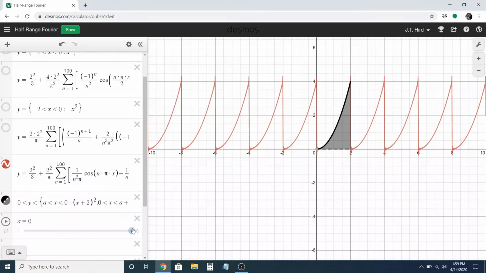And if I wanted to do that, I'm going to try and cheat a little bit. So let's look at this shape. I've moved my gray shape. Instead of going from 0 to 2, it now goes from negative 1 to 1. And if you look at this shaded in shape, which looks kind of like a trapezoid on the left, it's exactly the same shape as this white trapezoid between 1 and 2.